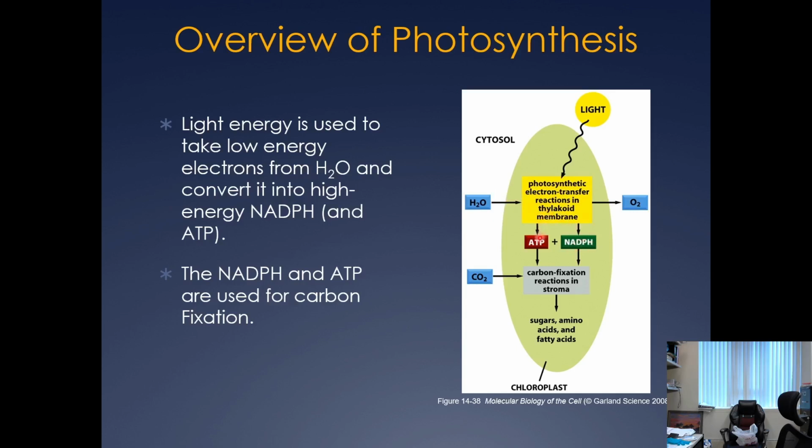The proton movements that are happening in photosynthesis can also generate ATP, and the ATP and the NADPH plus CO2 then enter into carbon fixation, and that converts the CO2 into sugars and amino acids for storage. Okay, so it's basically just the opposite of what we were covering.